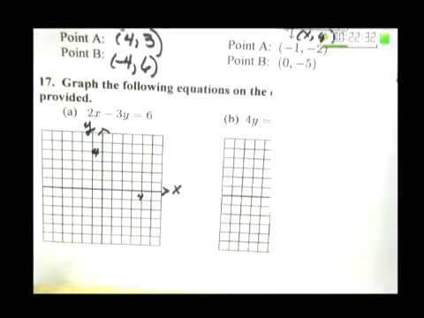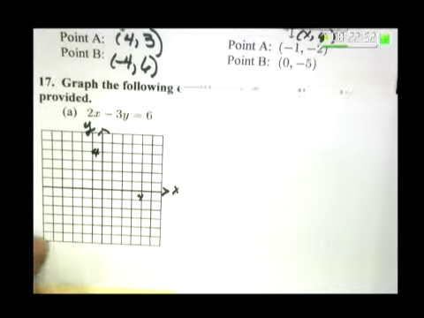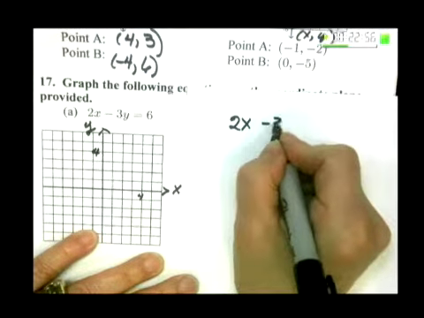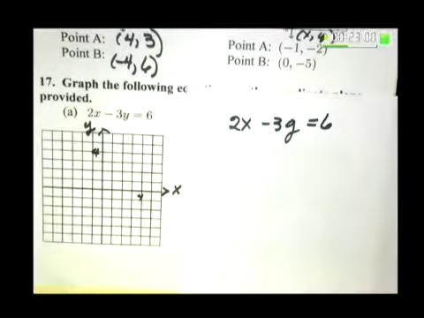By doing that, I know each one of my divisions is worth 1. I could have counted by 2s, by 10s, or by 1/2. I need to put enough numbers to know that every little mark, I call them tick marks, represents 1 unit. And now I want to graph the equation 2x minus 3y is equal to 6.